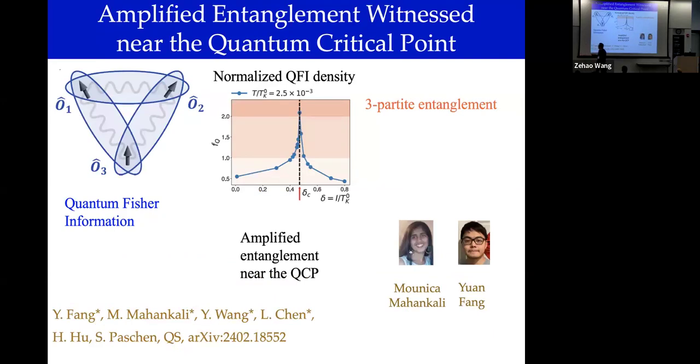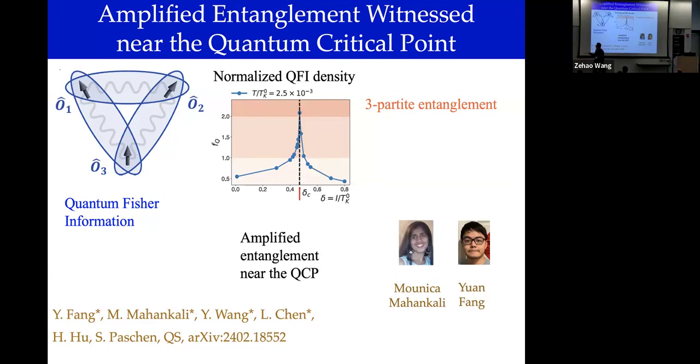And I'm not going to go into detail, just report on one particular measure, which is using the operators that you pick up in the system when you do something like neutron scattering or other scattering experiments, using these operators to do the partition of the system for you, as opposed to artificially partitioning the system to calculate something like entanglement entropy. Using that leads to one of the quantum witnesses called quantum Fisher information.